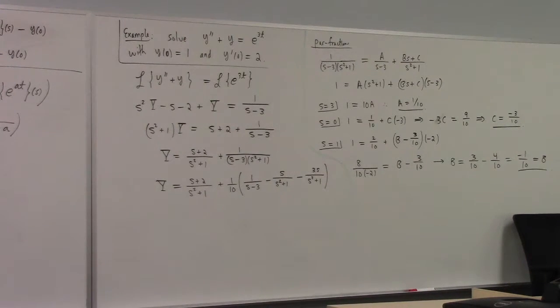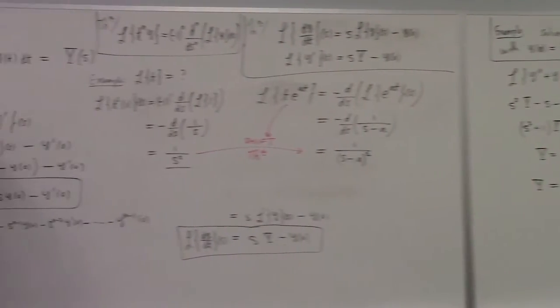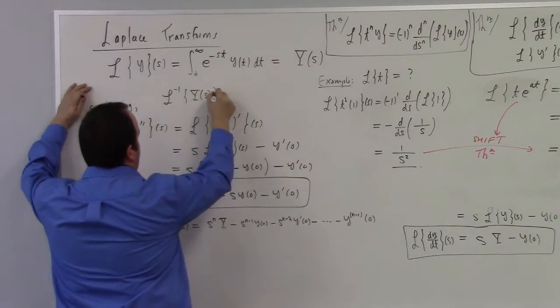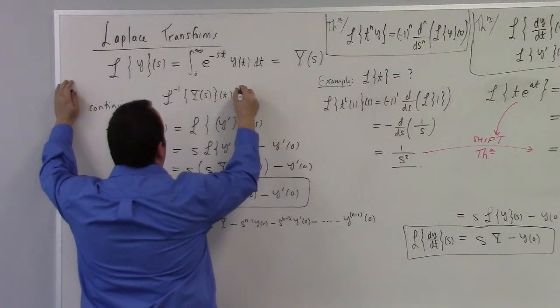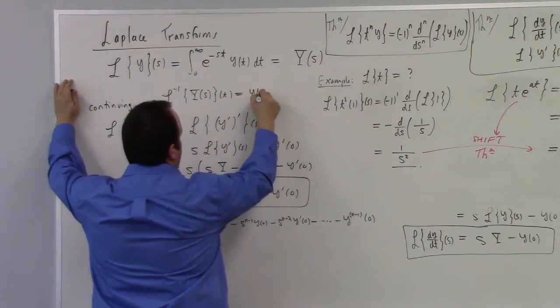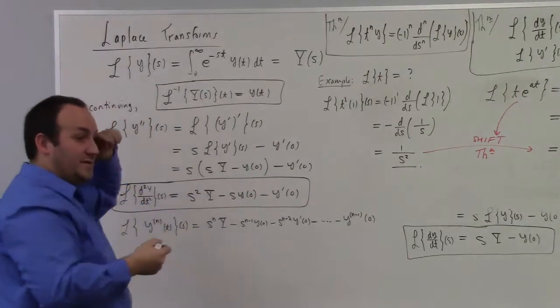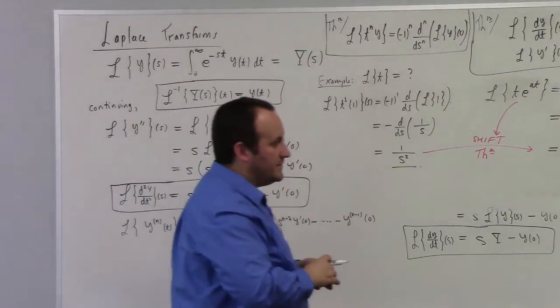So this is called the inverse Laplace transform. So basically, here's the definition. This is the Laplace transform. So definition, L inverse of Y of s is a function of t. And by the way, it's just y of t. So the inverse Laplace transform is just the other way.